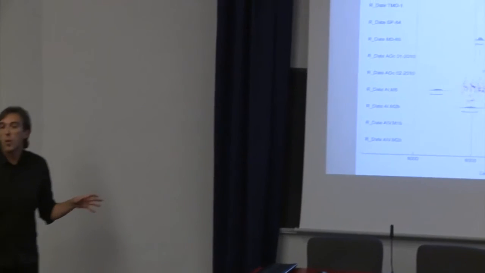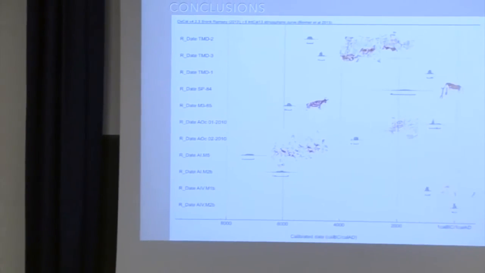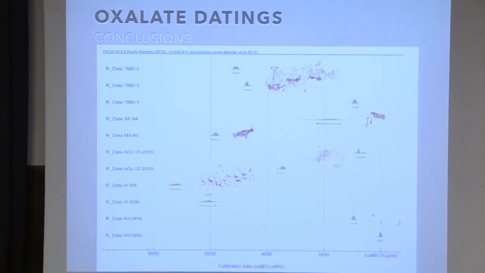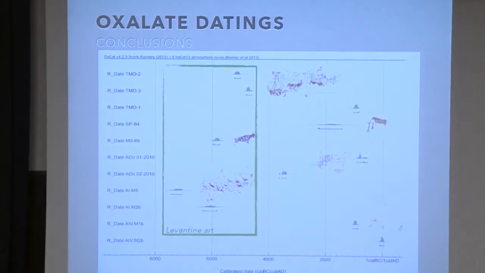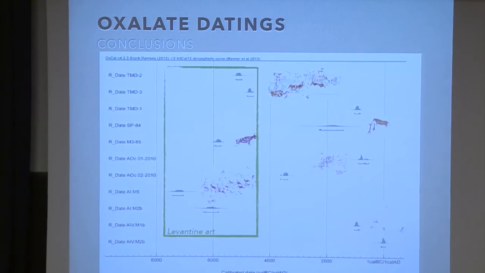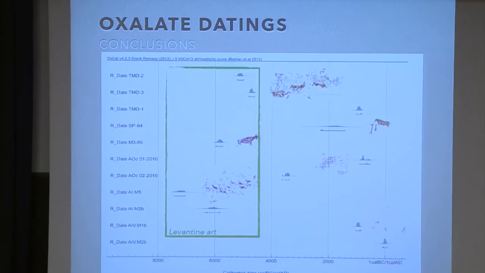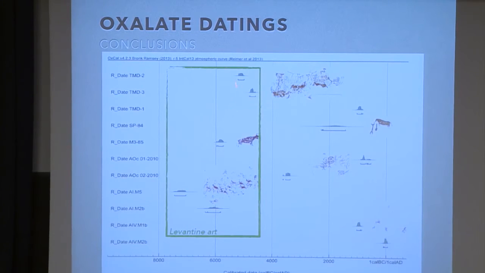So, to conclude now, if we put all these ages in a graph, we can identify that we have a cluster with the Levantine art ages that we have up to now, and all of them are in the left part.